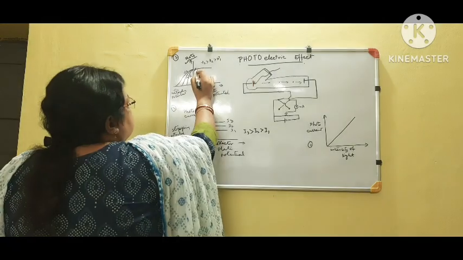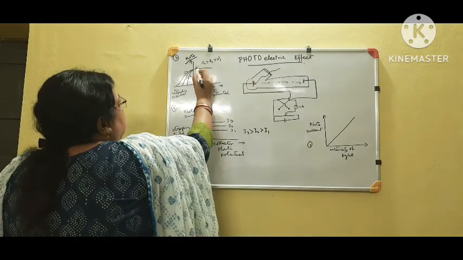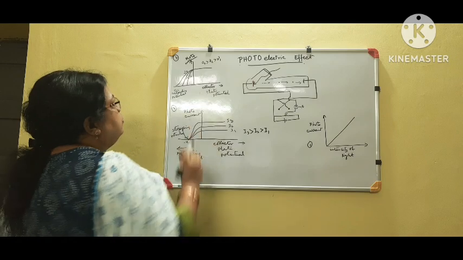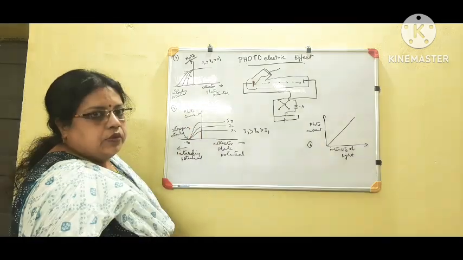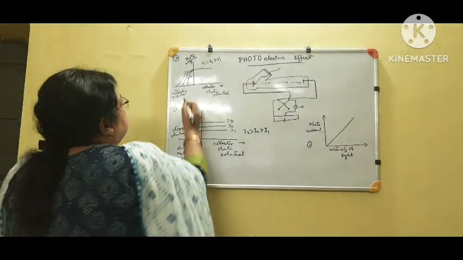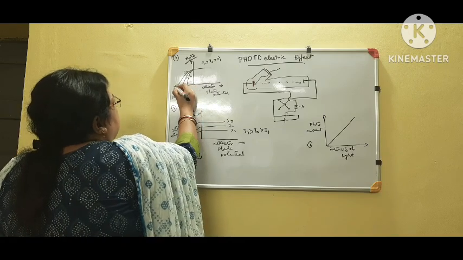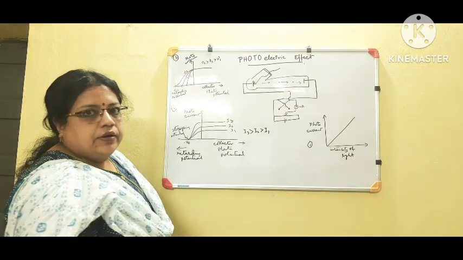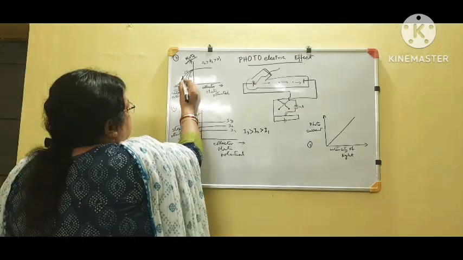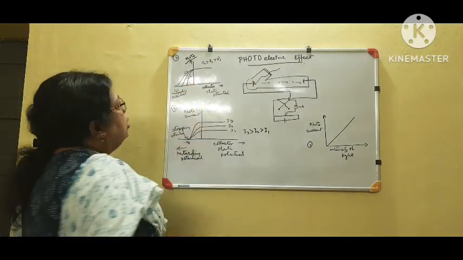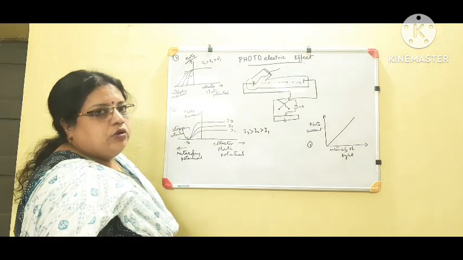For the same intensity, the saturation photocurrent will be the same for all. But the stopping potential will be different for the different frequencies nu1, nu2, nu3.